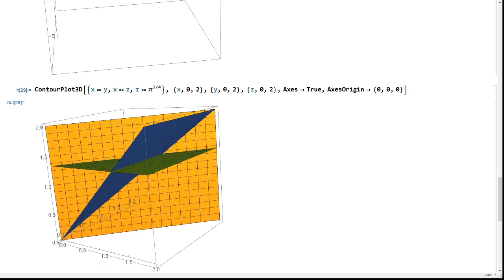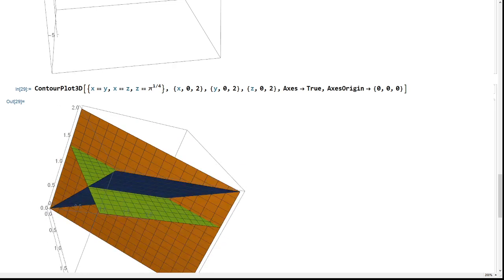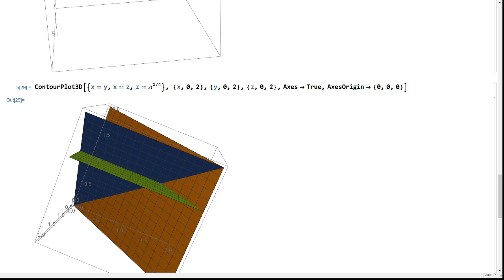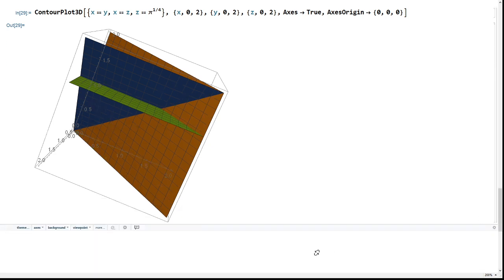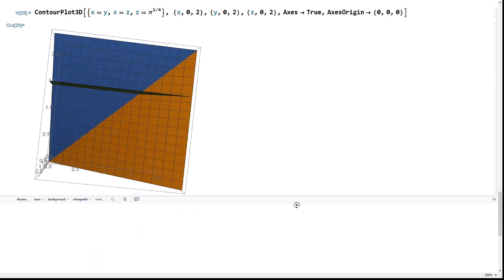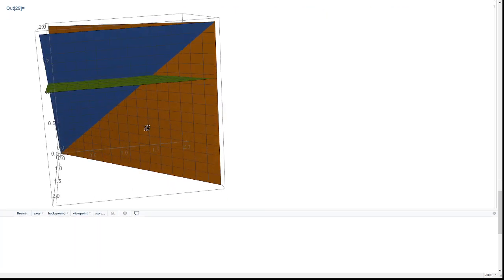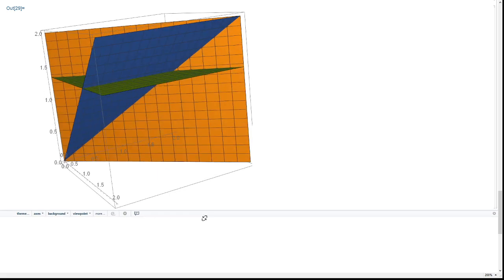Okay, so here we are. This green one right here is z equals the 4th root of pi. This blue one is x equals z, and the orange one is x equals y.